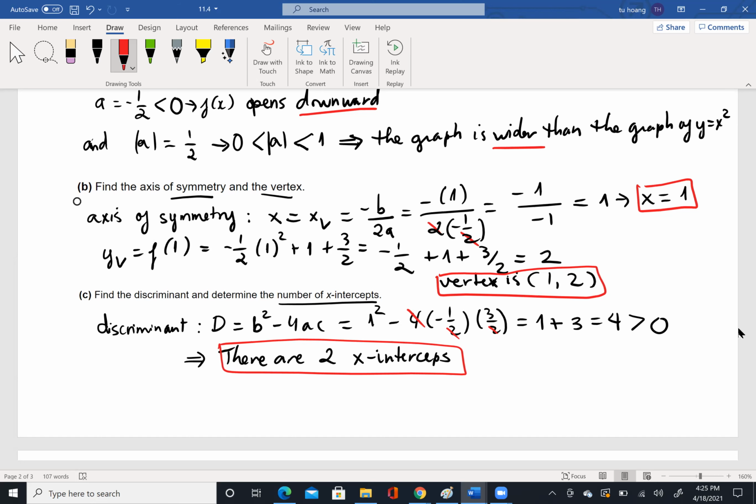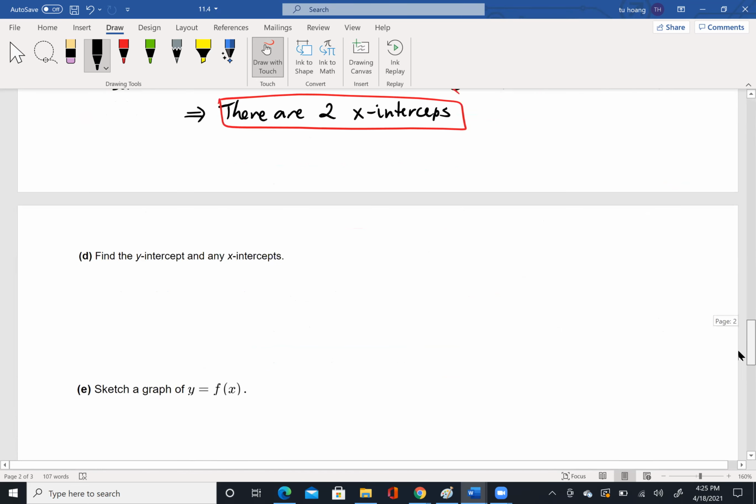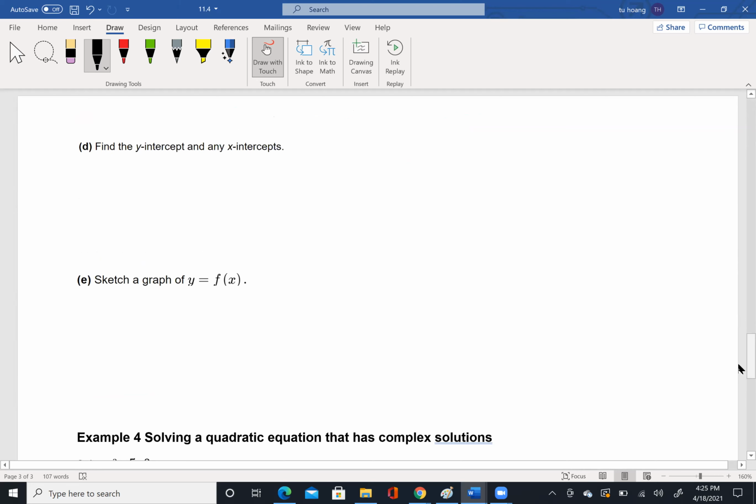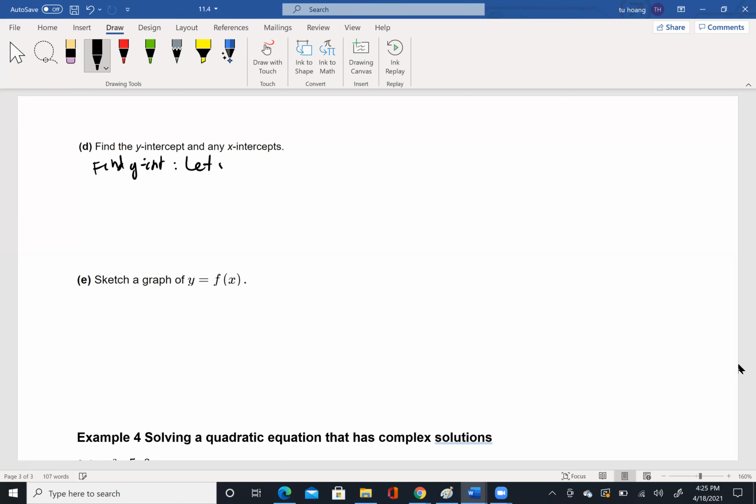All right, let's move to the next one. Find the y-intercept and the x-intercept. In order to find the y-intercept, let x equal 0.